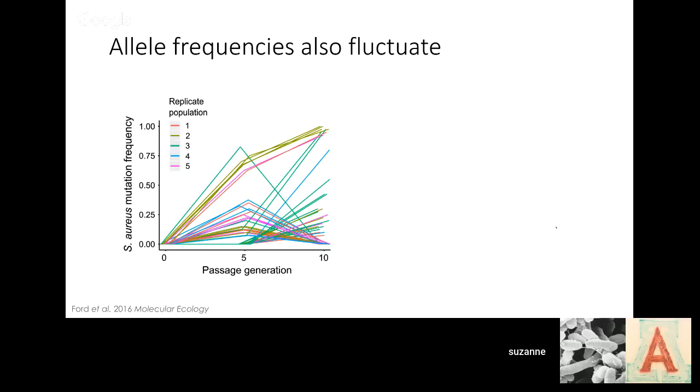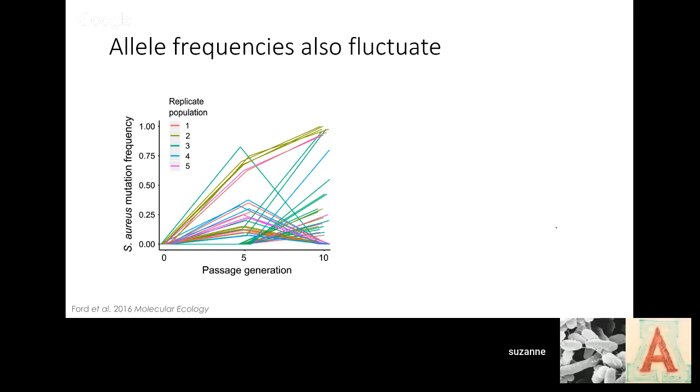So this is really cool, and it's really consistent with the fluctuating phenotypes that we see. Of course, there's a couple of replicate populations that seem to have some mutations that appear to be sweeping to fixation, which is more evidence of, say, arms race dynamics.